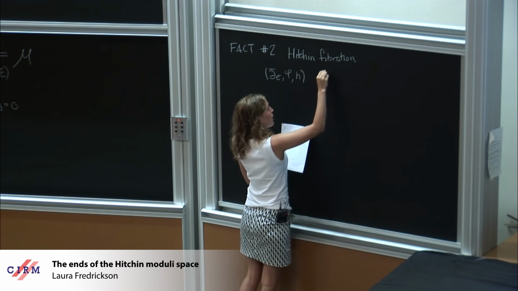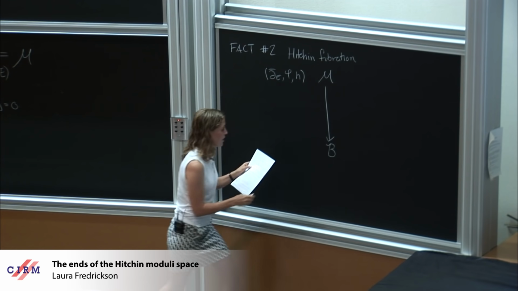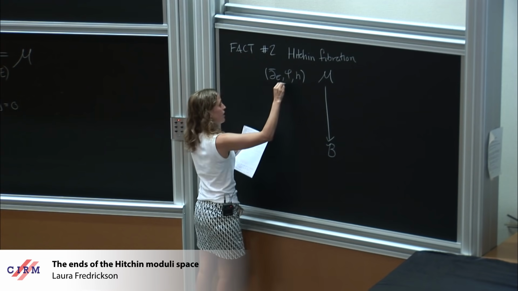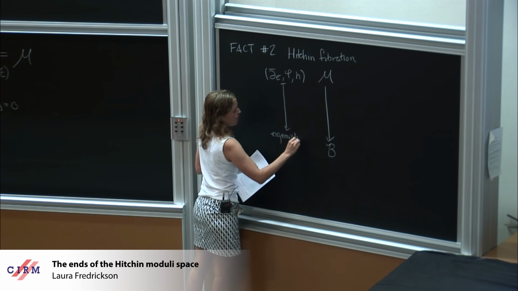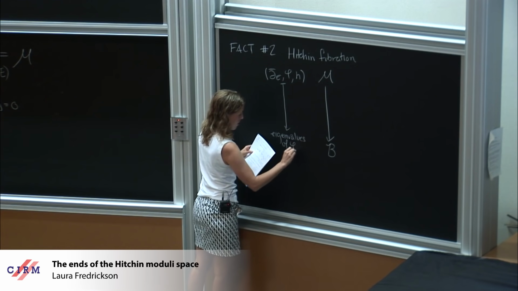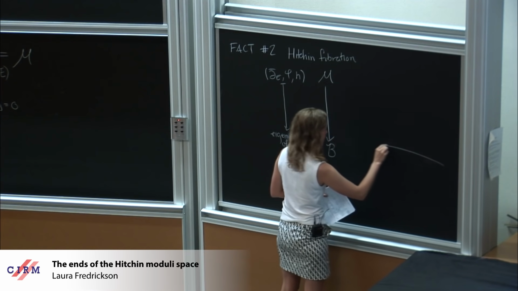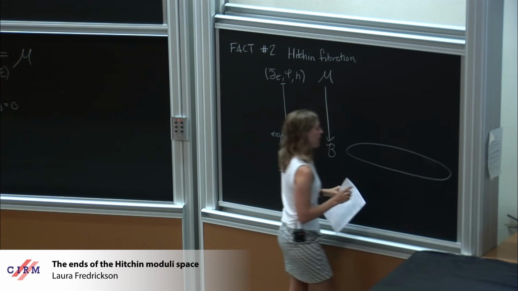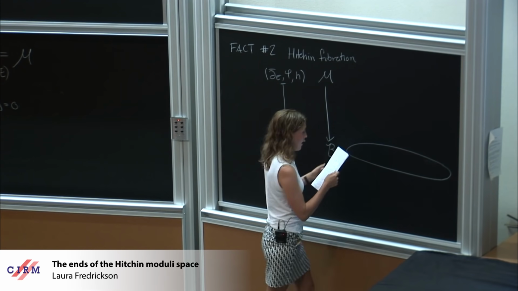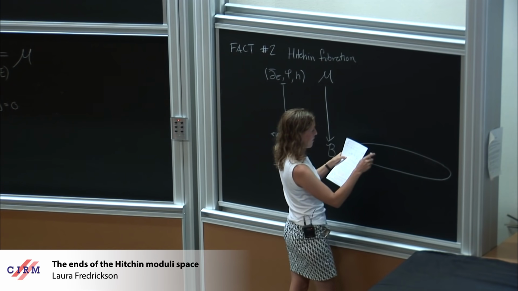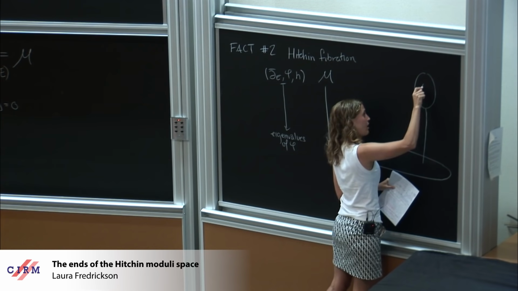So given any point in the moduli space, there's a map to the base, to a vector space, which just sends this to the eigenvalues of the Higgs field. And so what this looks like, if we draw it projectively, this is a vector space, which I've just drawn with the sphere at infinity, and generically the fibers are compact complex tori.